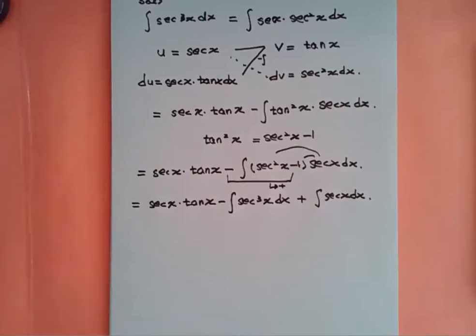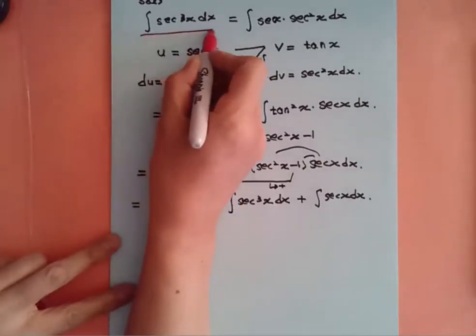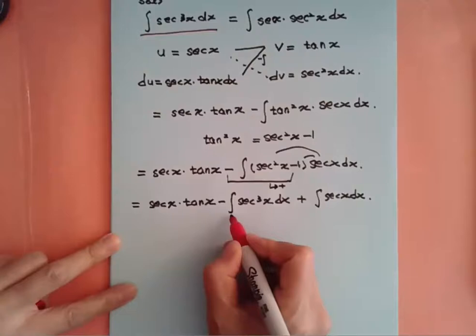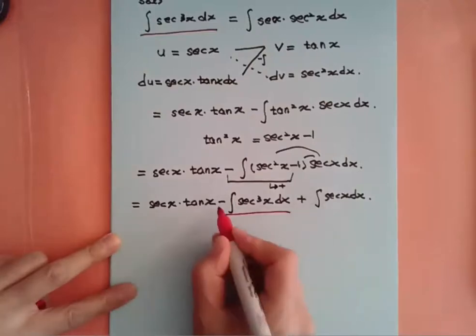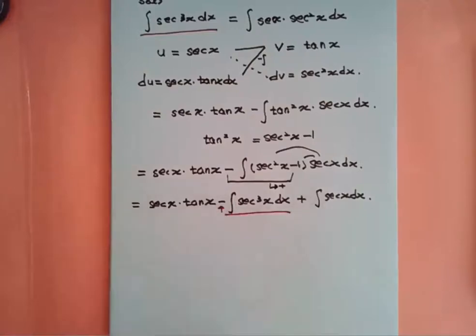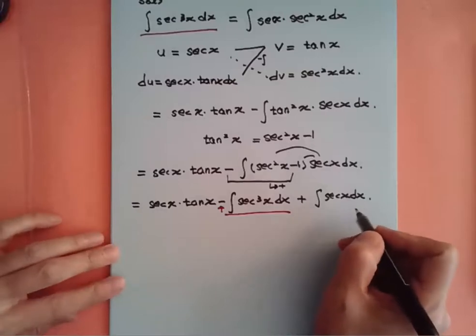From here, what you notice is that at the beginning we start with secant cubed of x, and in the middle the same thing appears here, but there's a minus here. And by the formula, this one will be natural log of secant plus tangent.